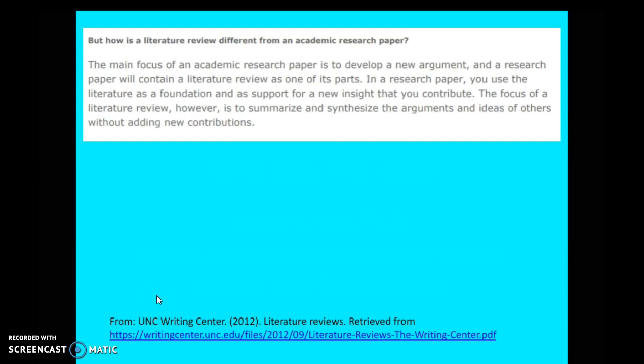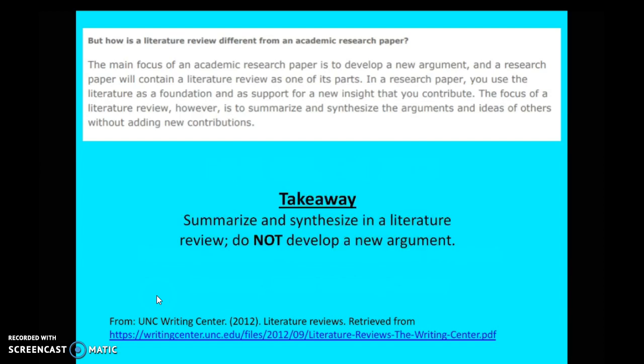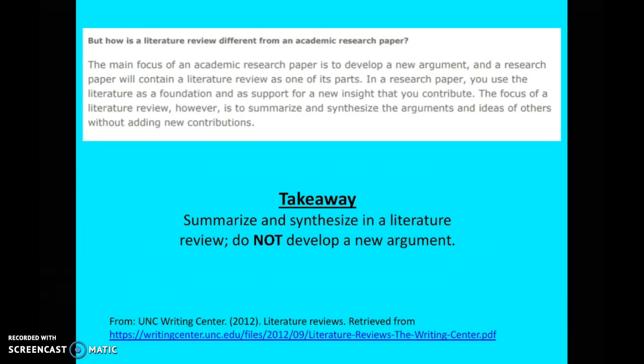The focus of a literature review, however, is to summarize and synthesize the arguments and ideas of others without adding new contributions. So the takeaway here is you summarize and synthesize. You do not develop a new argument in a literature review. So you're staying, one could say, fairly neutral in your thesis statement, the way you present it in your paper.